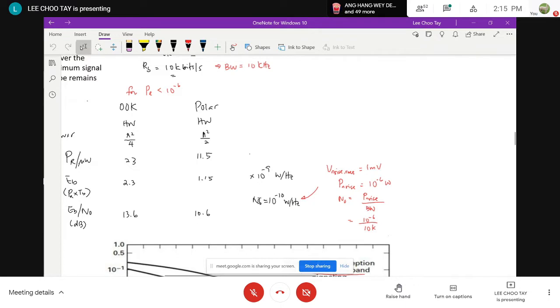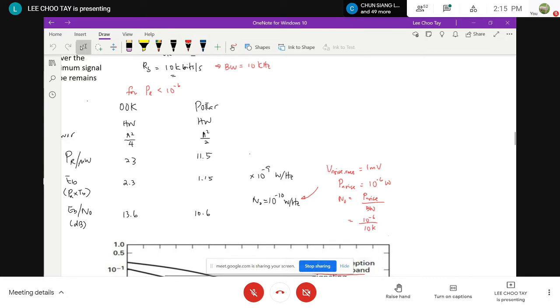Now if I calculate EB over N naught, I take 2.3 nanowatt divided by N naught, which is 0.1 nanowatt per hertz. Converting to dB, EB over N naught for OOK, half wave signaling, is 13.6 dB.